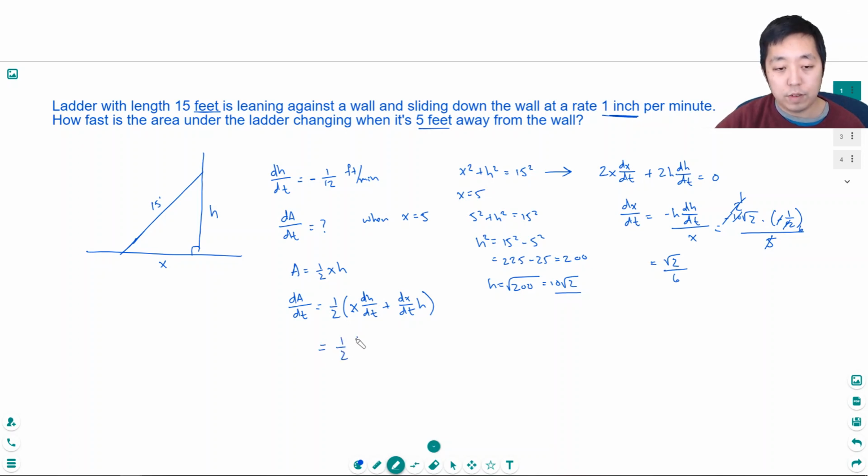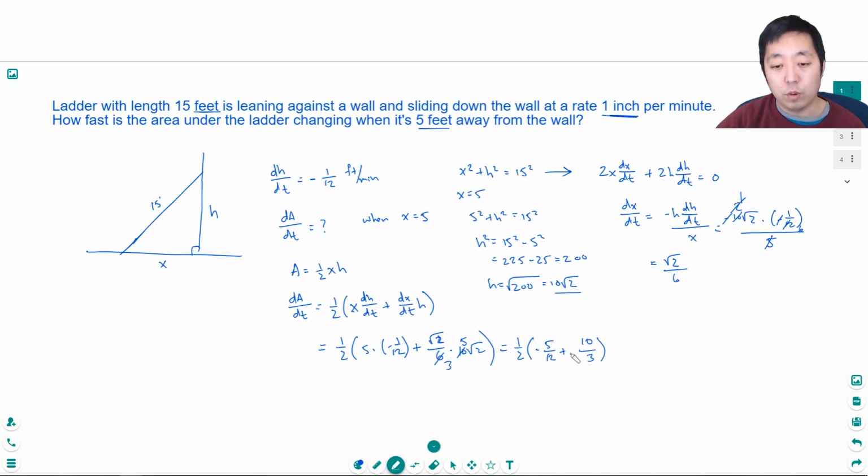It's 1/2, x is 5, dh/dt is negative 1/12, dx/dt is root 2 over 6, and h is 10 root 2. It's equal to 1/2 times negative 5/12 plus, that becomes 2, that becomes 5 and 3, so 2 times 5, that's 10 over 3.